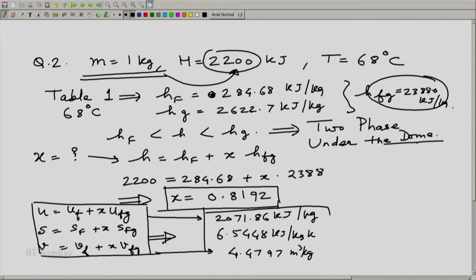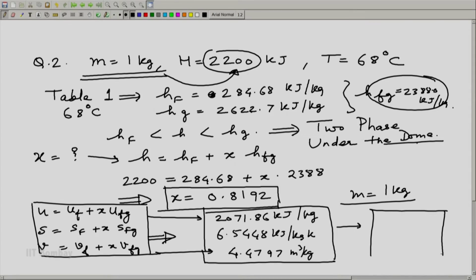Now we are again talking about mass equal to 1 kg, and therefore the same values will come in the table. So we will have 2077.8, 6.54 and 4.47 meter cube, kilojoule per Kelvin and kilojoules as the final answers. Just to correct, this value is 2338, and similarly I can use 2338 here.